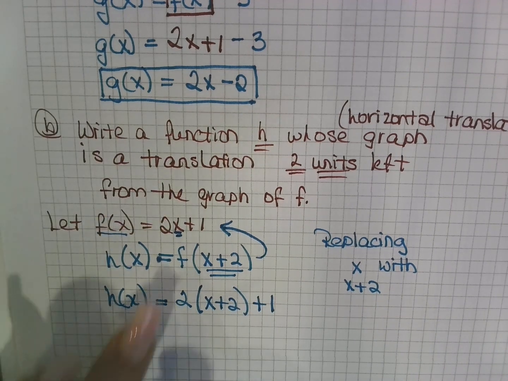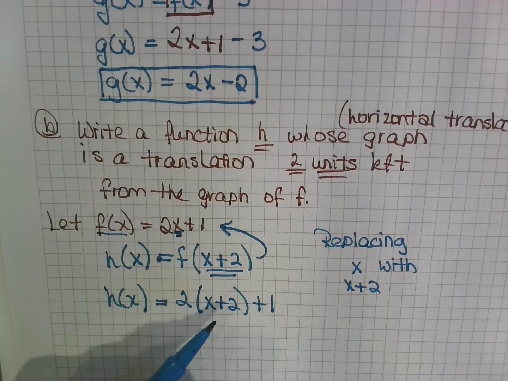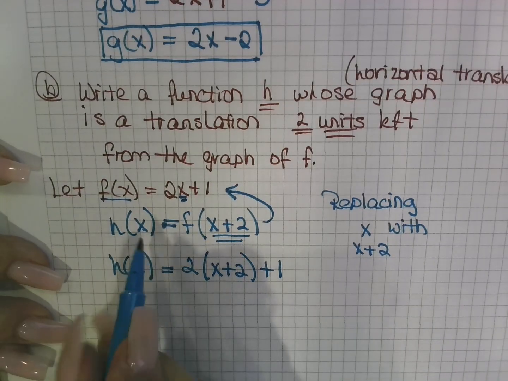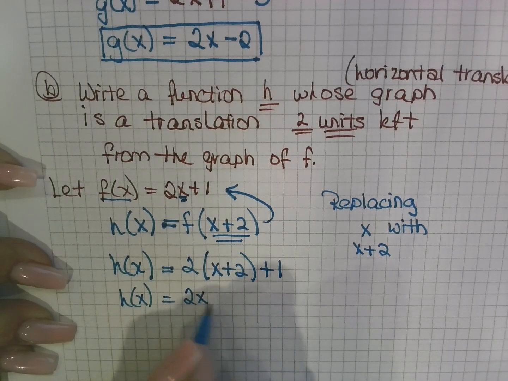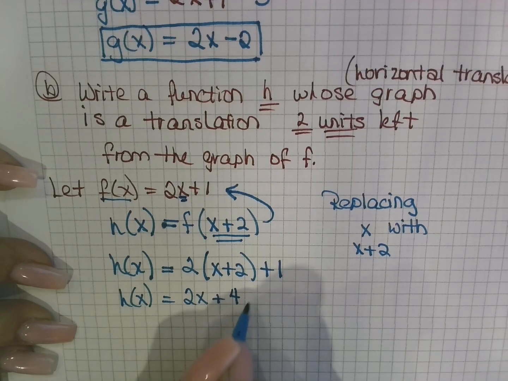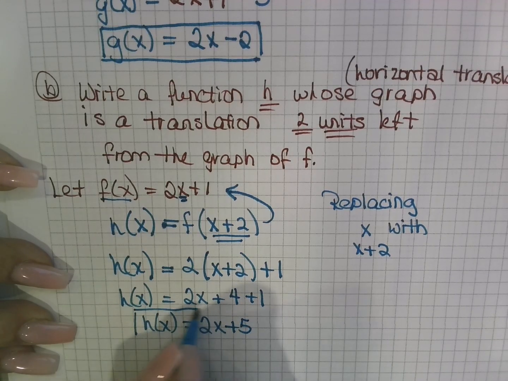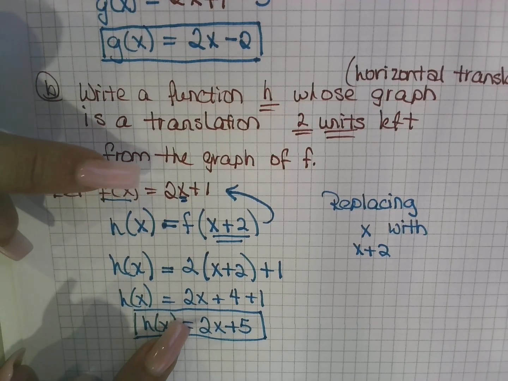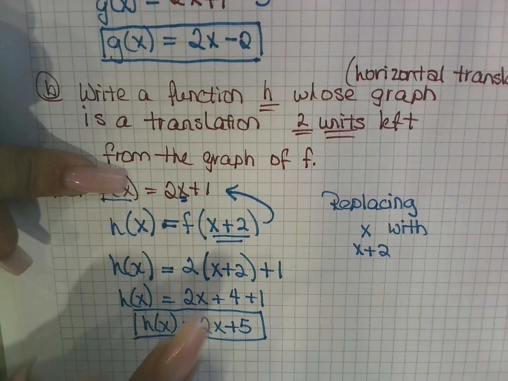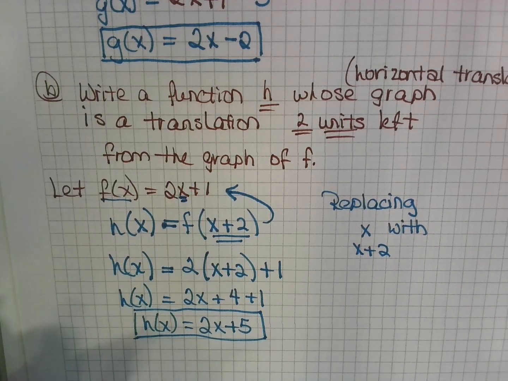So I just copied f of x again, but wherever there was an x, I'm going to put an x plus 2. And then now we're going to simplify. So h of x equals 2x. This is just the distributive property. So h of x equals 2x plus 5. So this function here is f of x, this function up here, shifted 2 units to the left. Okay?